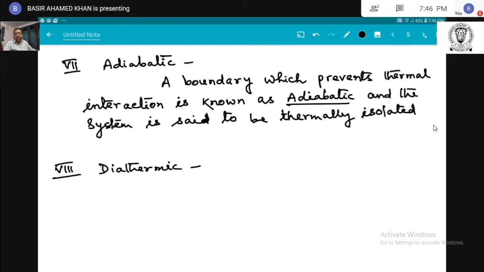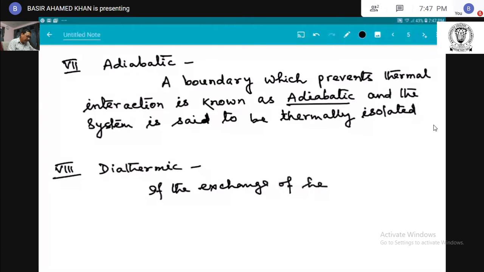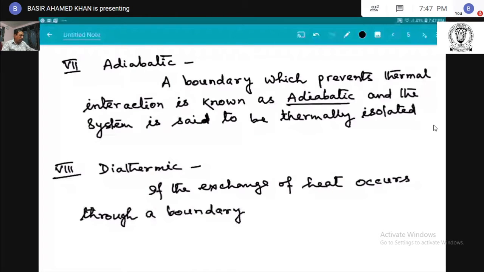If the exchange of heat occurs through a boundary, it is called diathermic.